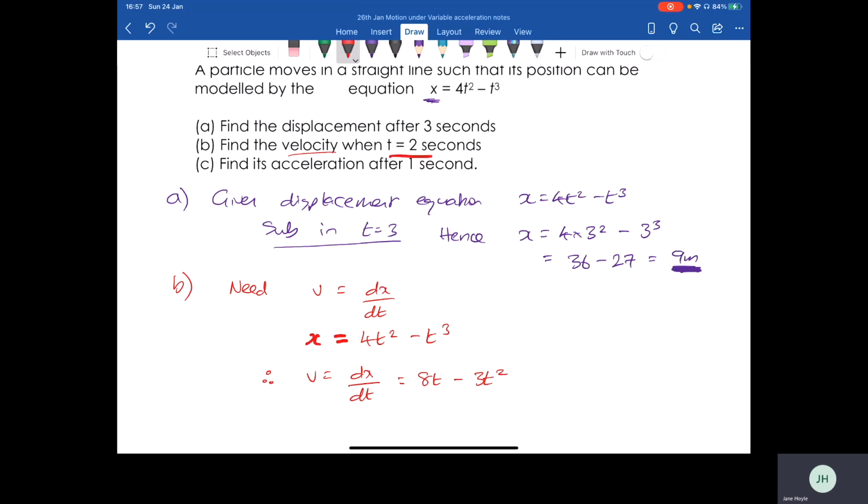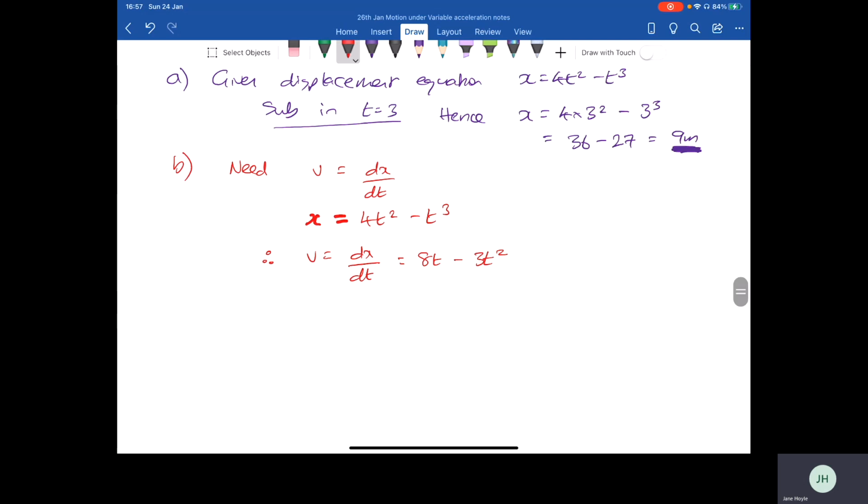Find the velocity when t is equal to 2. I now just substitute 2 into there. That is the gradient function, so now find the gradient at 2.